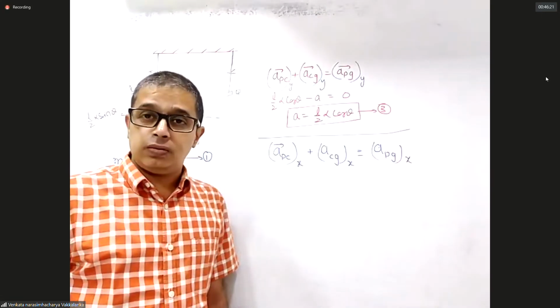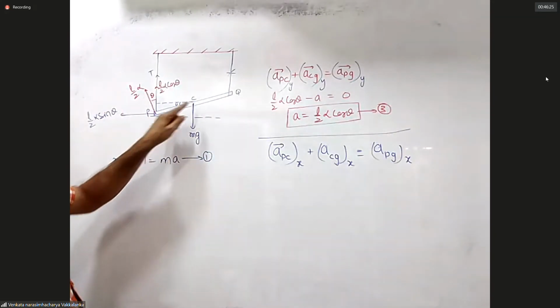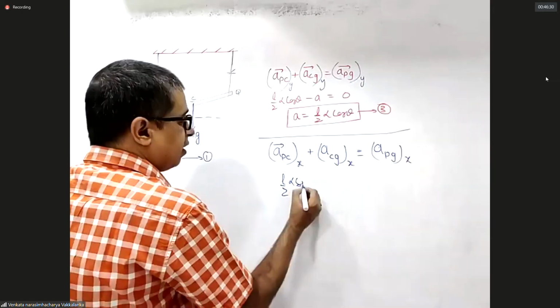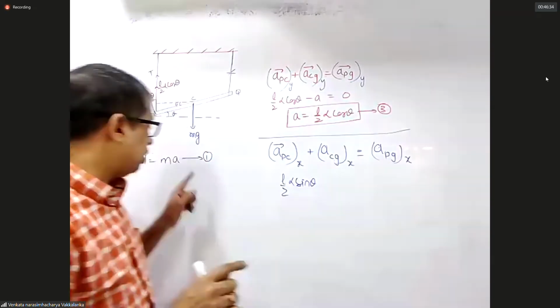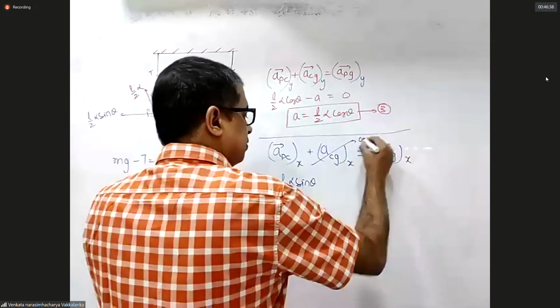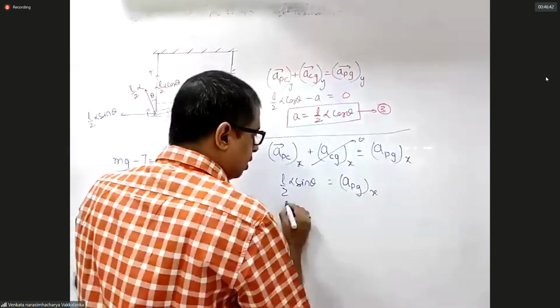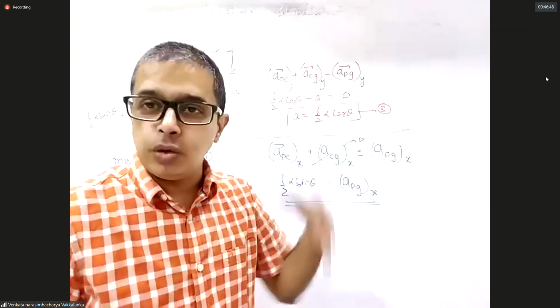Yes, sir. Acceleration of point P with respect to center of mass is L by 2 alpha sine theta. Center of mass with respect to ground has only vertical acceleration, right? Yes, sir. So acceleration of point P with respect to the ground along x-axis is not zero.